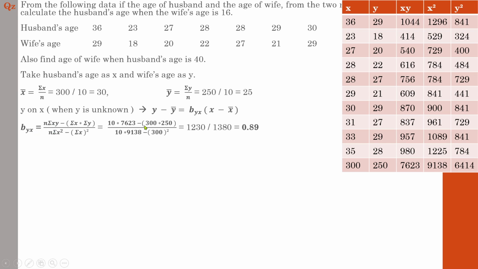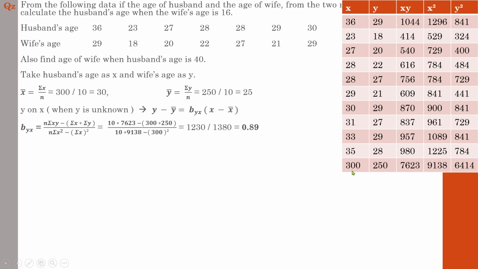So just substitute these values. N is already given, n is 10, number of items is 10. 10 into sigma xy, which is 7623, minus sigma x into sigma y, divided by, n means 10, 10 into sigma x square, which is 9138, minus sigma x the whole square.